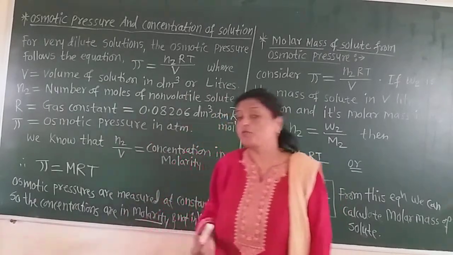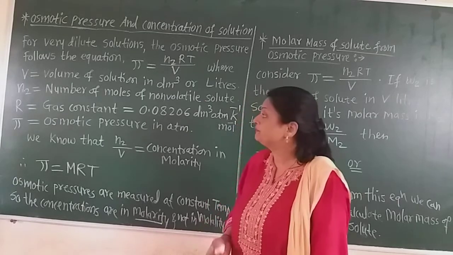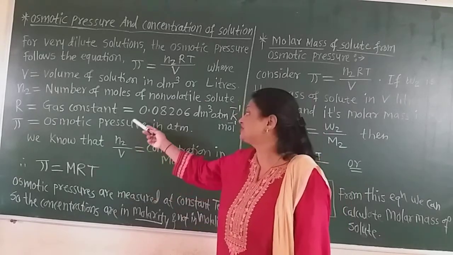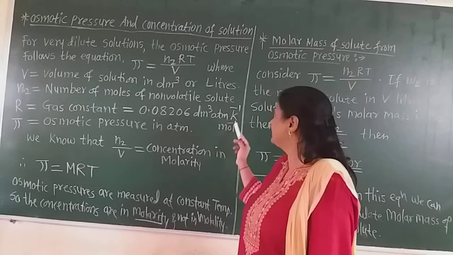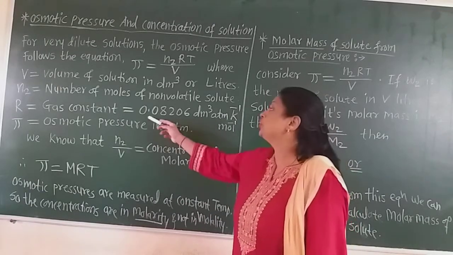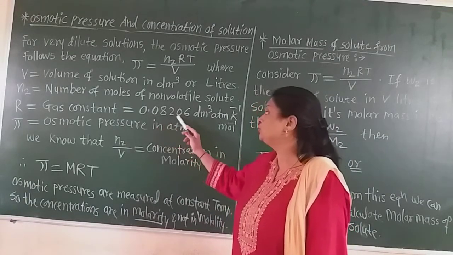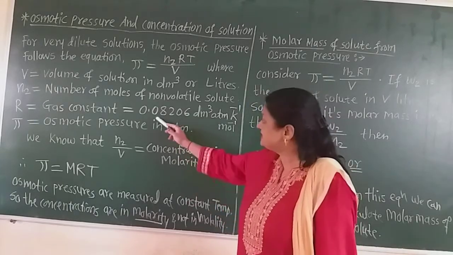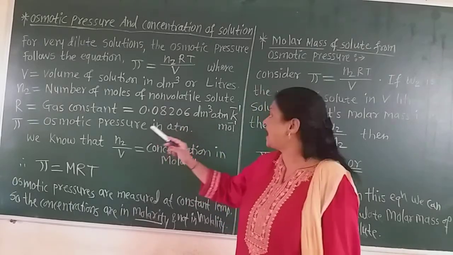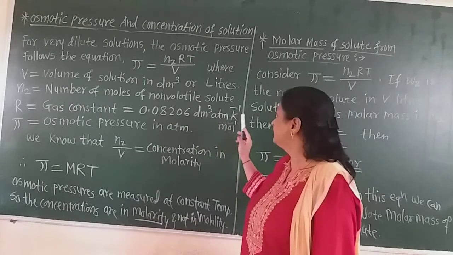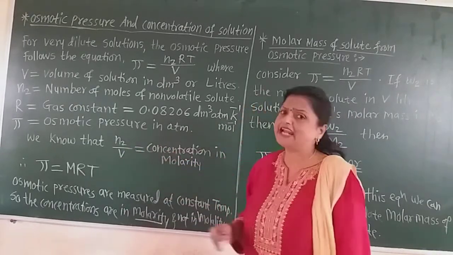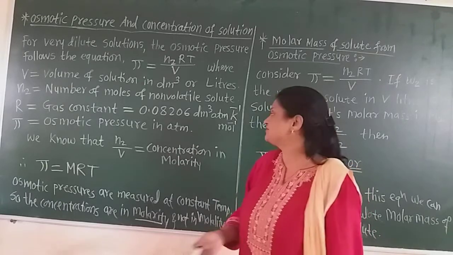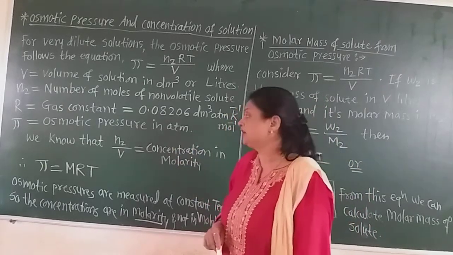R is the gas constant and the value of R is 0.08206 decimeter cube atm per Kelvin per mole. And pi is the osmotic pressure in atmosphere. As it is the pressure, so it is measured in atmosphere.